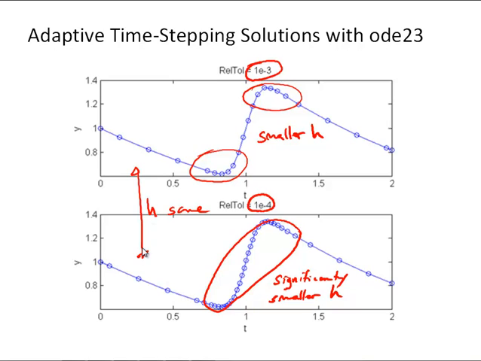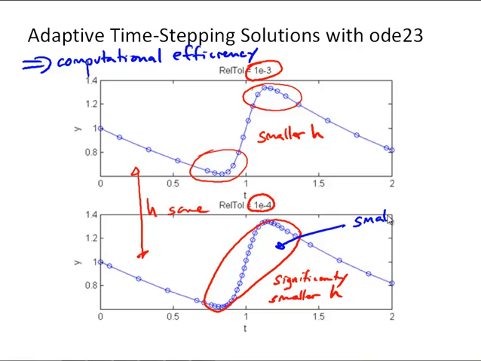So this illustrates how that adaptive time stepping gets us more computational efficiency. In other words, we're only using the small h where we need to, like in this region, use that small h only where necessary for our desired accuracy.